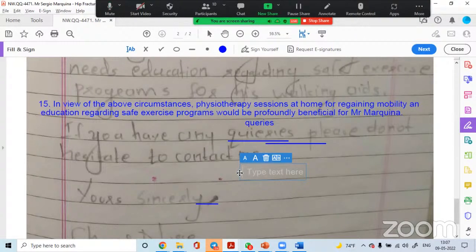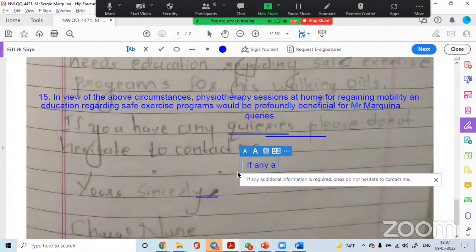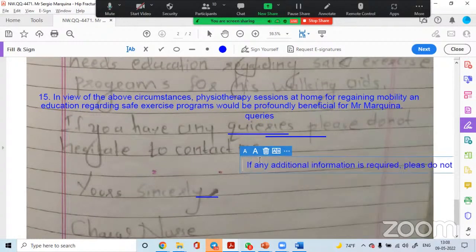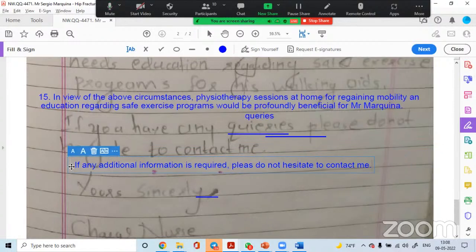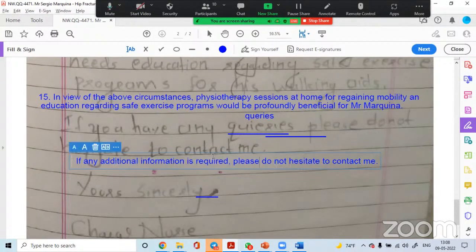Okay, so if any additional information is required, please do not hesitate to contact me. That's it. If any additional information is required, please do not hesitate to contact me, like that. Right, like that.